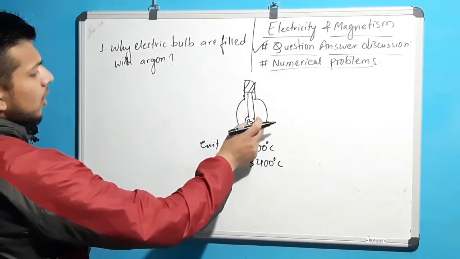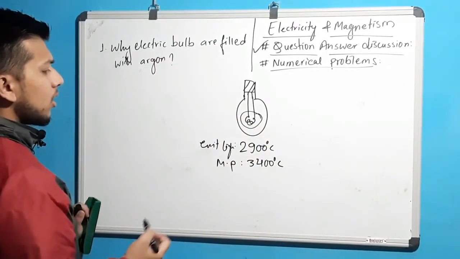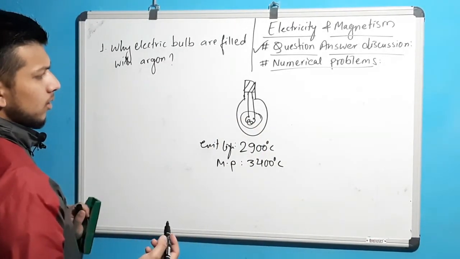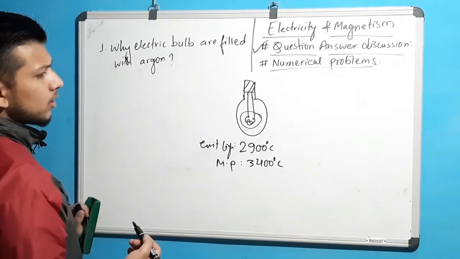When this tungsten filament is in contact with oxygen, then it becomes oxidized.